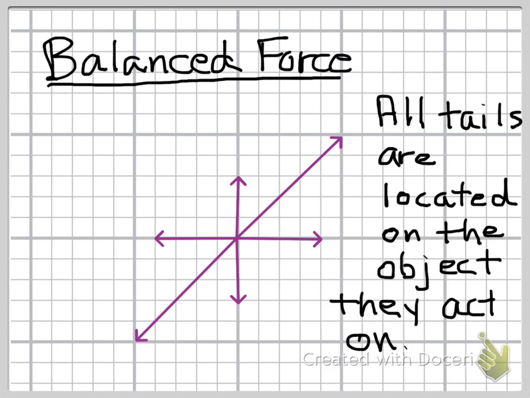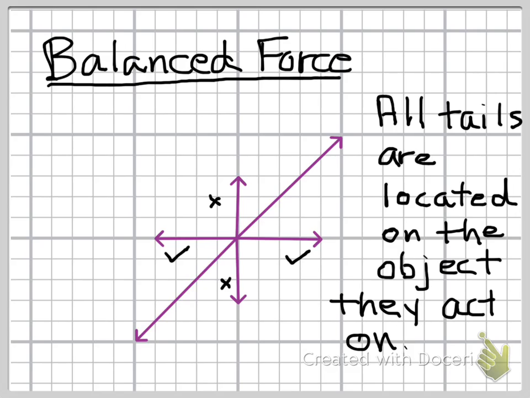This is a much more complicated example. So if I look at the first two vectors going to the right and the left, they're both 4 in length. They are balanced. If I look at the up and down vectors marked with an X, they're both 3 in length.